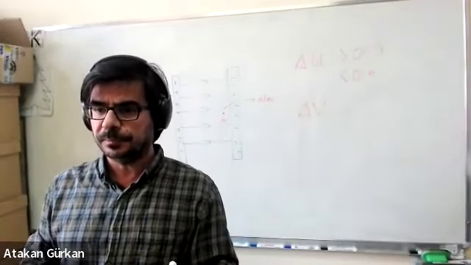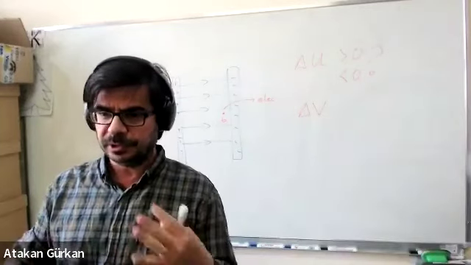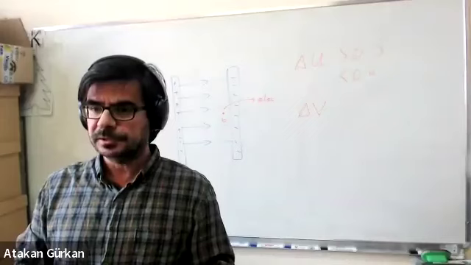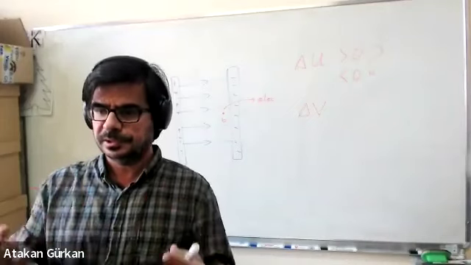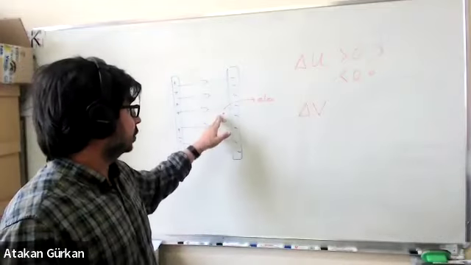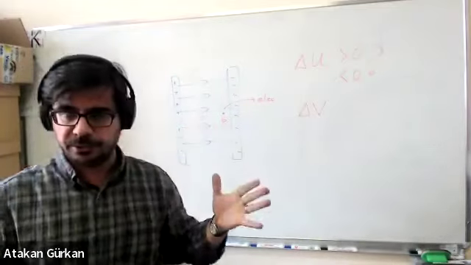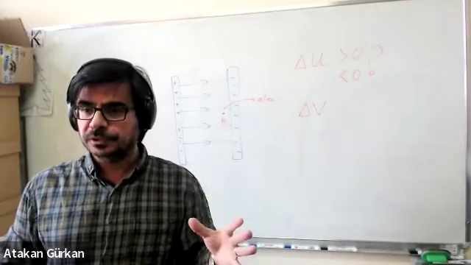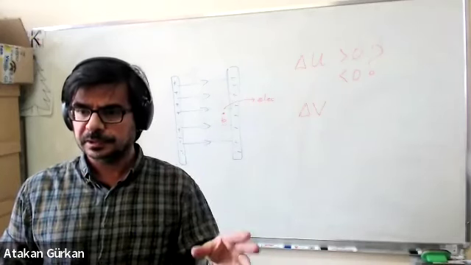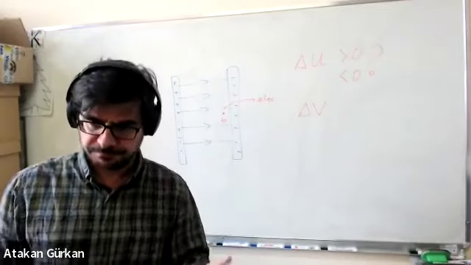If the only thing acting on your particle is a conservative force, with some potential energy associated with it, its effect is going to be decreasing its potential energy and increasing its kinetic energy. This is always what happens. So if you put an electron here or here or here, it doesn't matter where. If the only force acting on it is electrostatic force, then its electric potential energy is going to decrease.